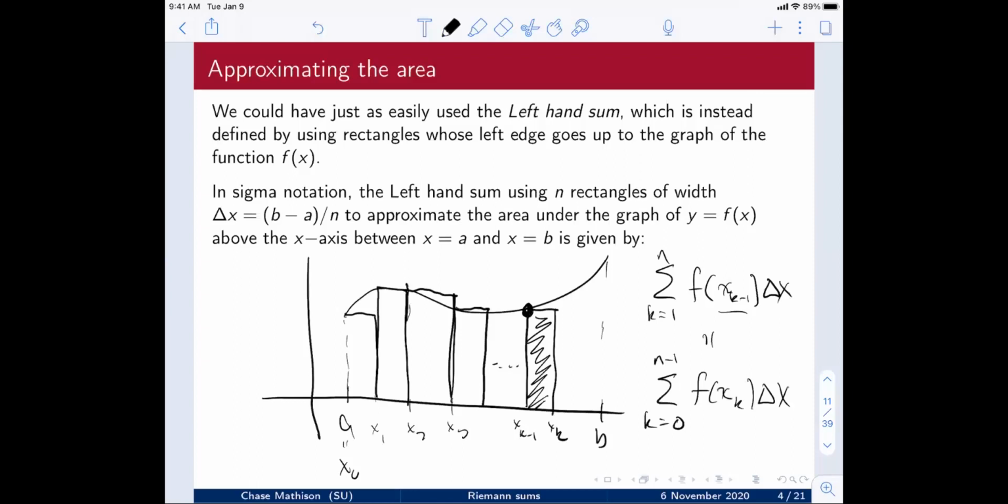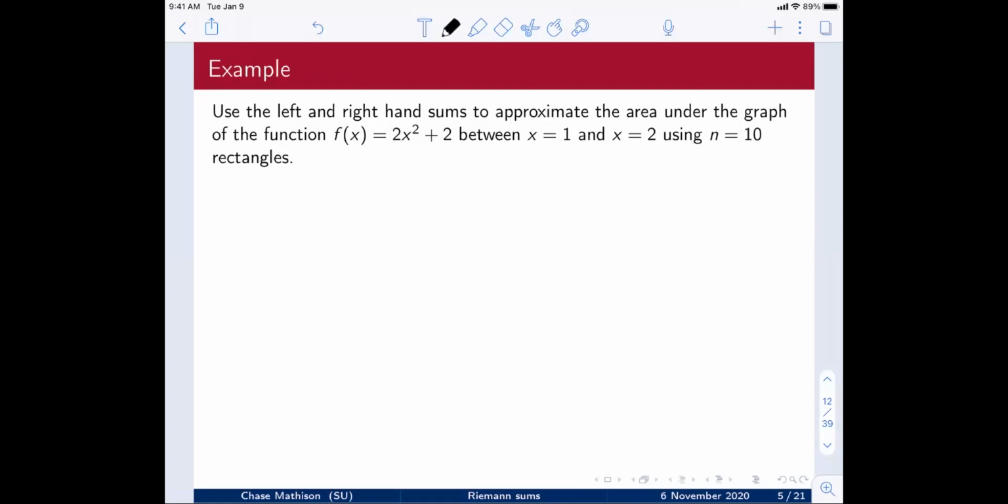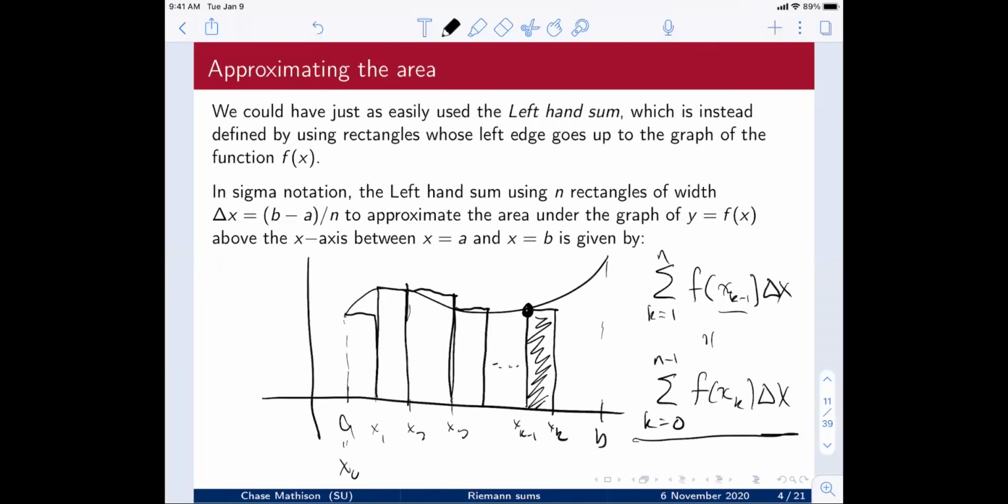But for a general function, you don't know which one's going to be more or less. They both could be underestimates. You just don't know. Either of these you could call the left-hand sum.